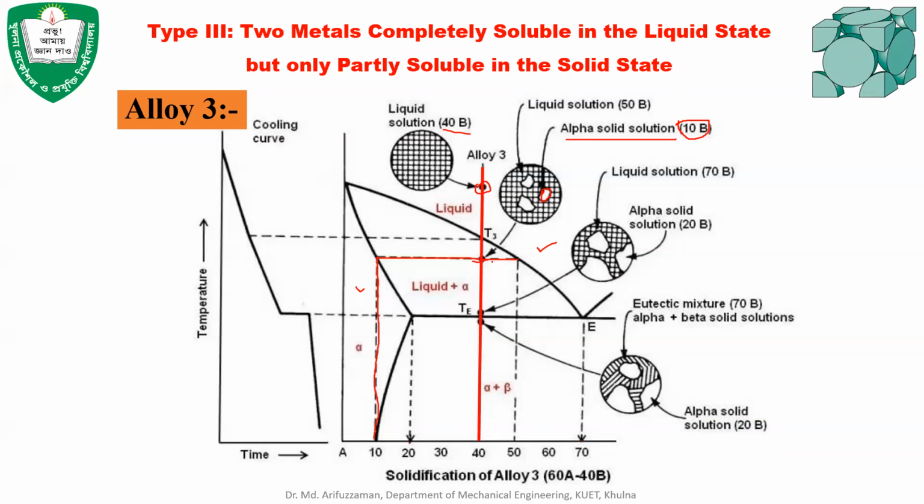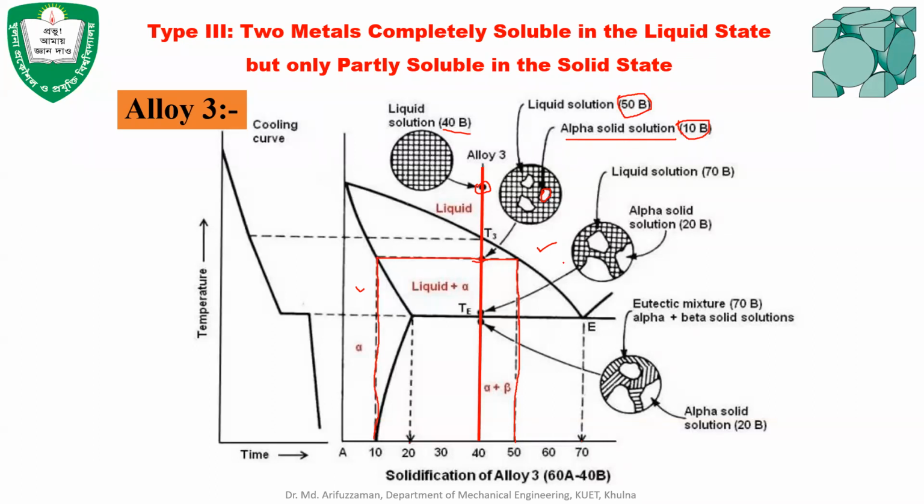And if we want to read the composition of the remaining liquid, then we have to move to this point. This point gives us a chemical composition of 50% B. So the liquid that is present in here will have 50% B.